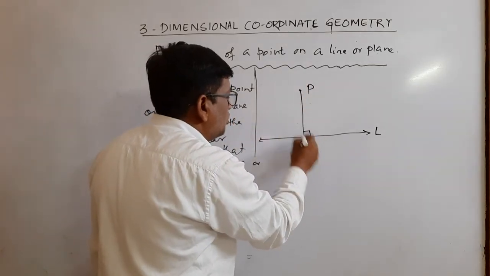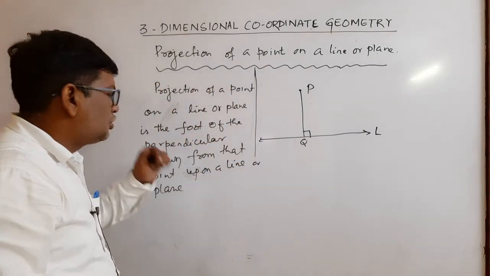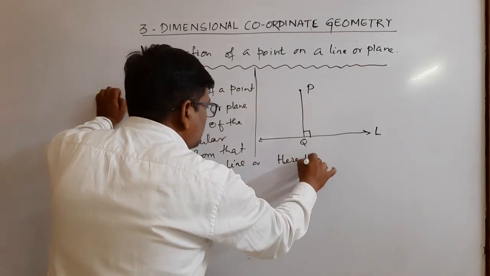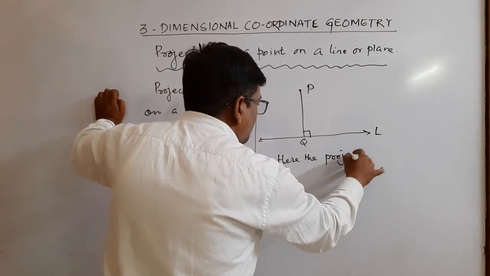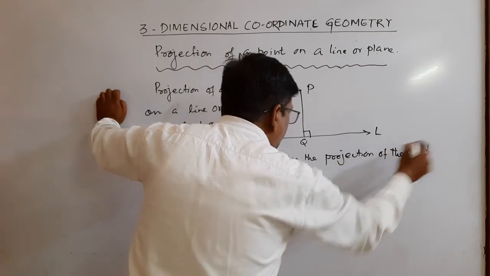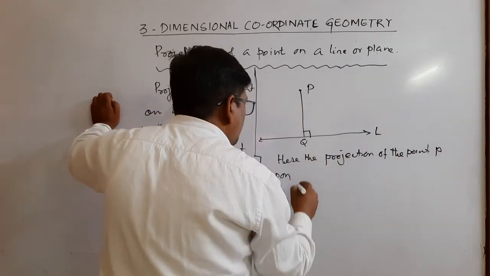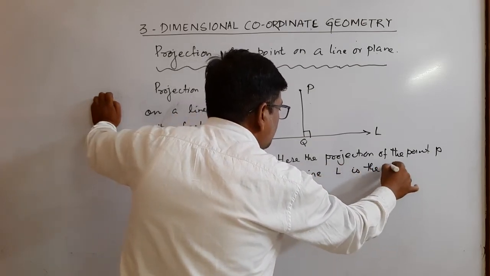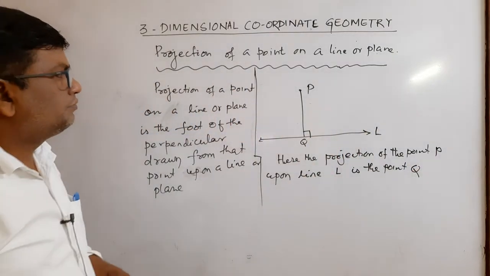In the figure, the projection of the point P upon the line L is the point Q.